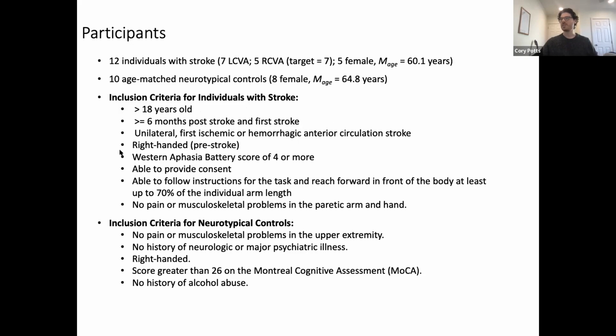Western aphasia battery score of 4 or more, ability to provide consent, ability to follow instructions, also the ability to reach forward in front of the body for at least 70% of the total arm length, and no pain or musculoskeletal problems in the paretic arm and hand. I'm actually going to skip over the inclusion criteria for controls just for the sake of time. And just stop me if you have any questions as I go through this, please.